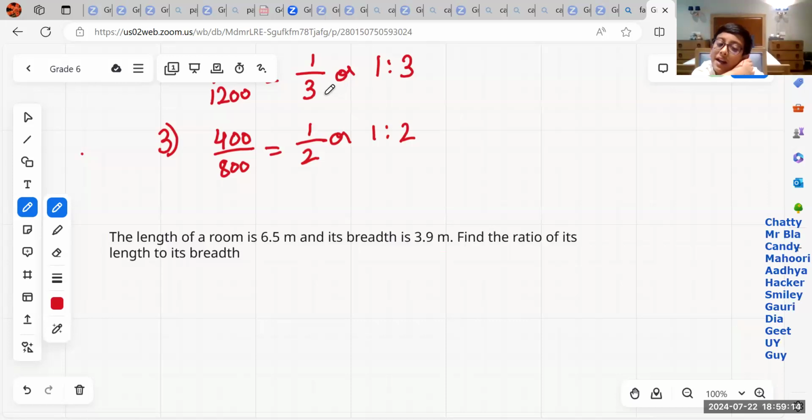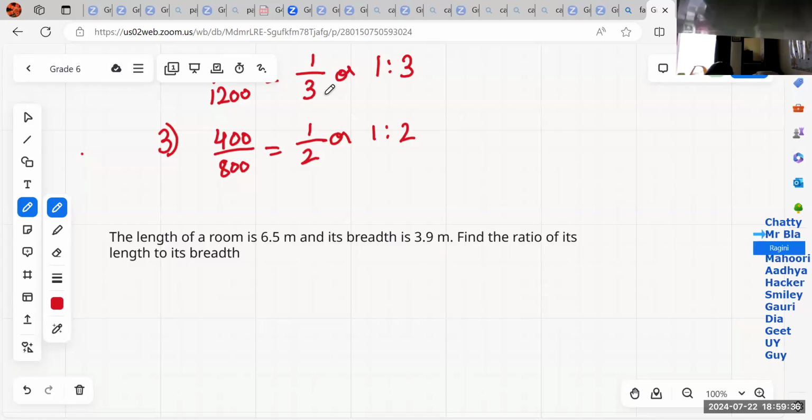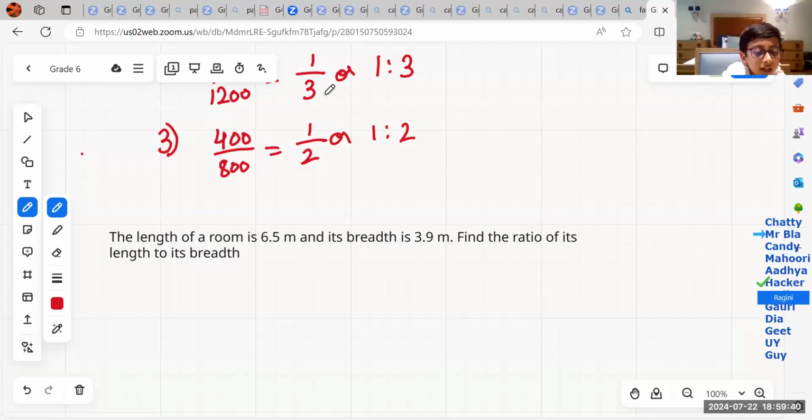Can we use decimals in ratio? No, beta, don't use decimals. Get rid of the decimals. So we have to convert into centimeters. Beta, ratio will not have any unit. Then how to solve it? You try it out. But it's impossible to solve it.